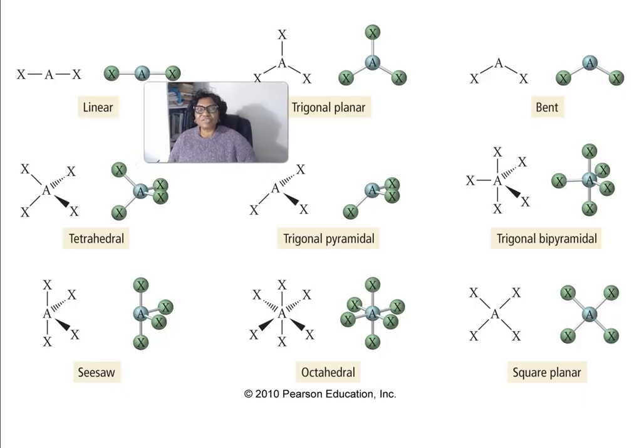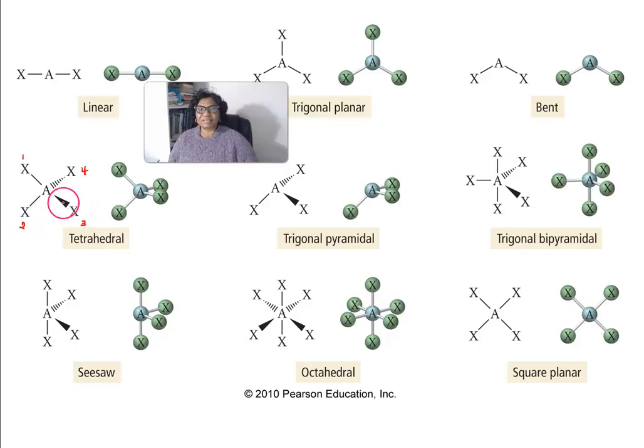But let's look at tetrahedral. For tetrahedral, we have A and these two X. I'll put them. This is 1. This is 2. This is 3. This is 4. Based on this representation, to represent a tetrahedral structure, A, 1, and 2 are on the plane of the paper.